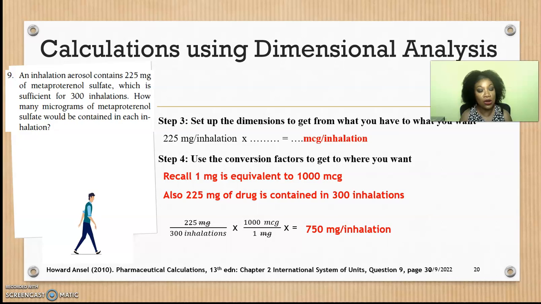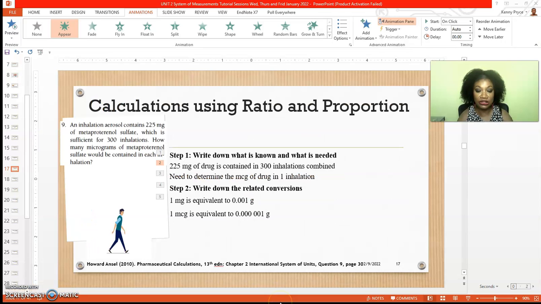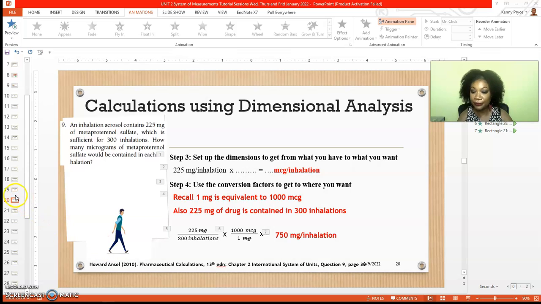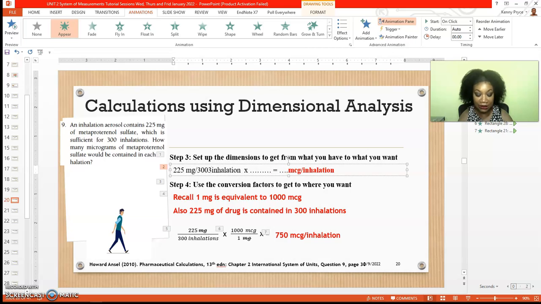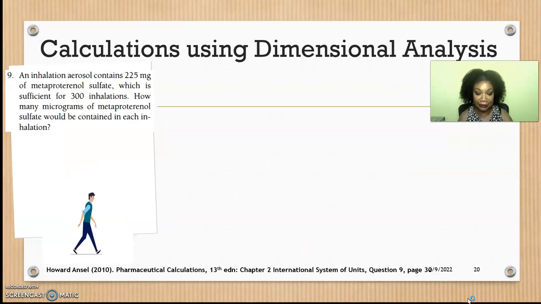And that is how you end up with the answer. Let me just make a correction here rather quickly. This should be micrograms and this should be per 300 inhalations, so that we're all on the same page.